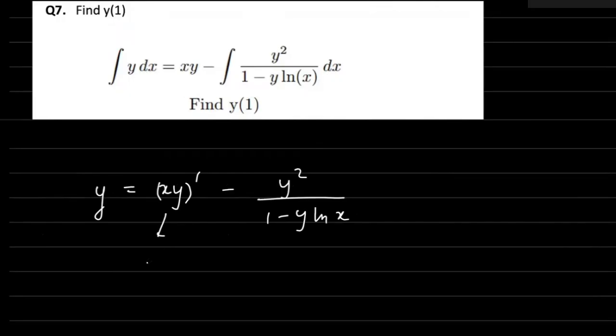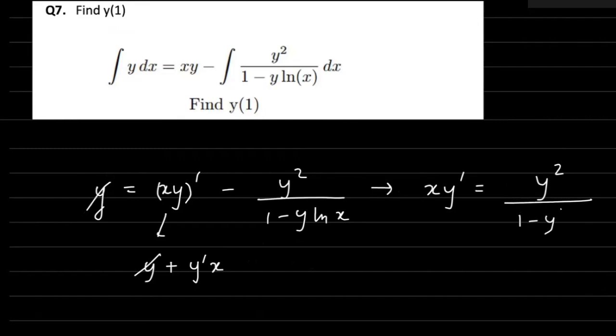Now when you differentiate x, you will get y. When you differentiate y, you will get xy dash. So this y and this y cancel, and hence you are left with xy dash equals y square into 1 minus y ln x.